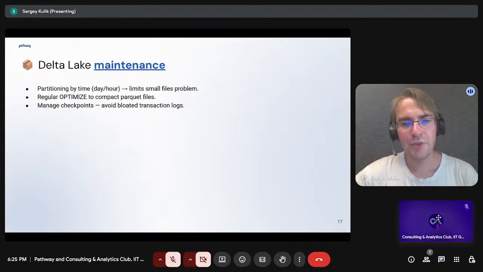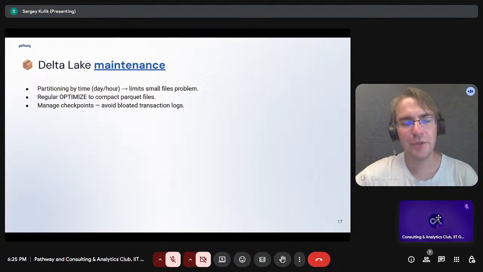Let's say that we extract the data from the backend every 10 minutes. Then every 10 minutes, we write a chunk of data to Delta Lake, and we create a new entry in the transaction log. And this entry says, okay, we have taken this chunk of data and placed it here. Then the data is fragmented, and working with fragmented data is slow. And we need to reduce the fragmentation.